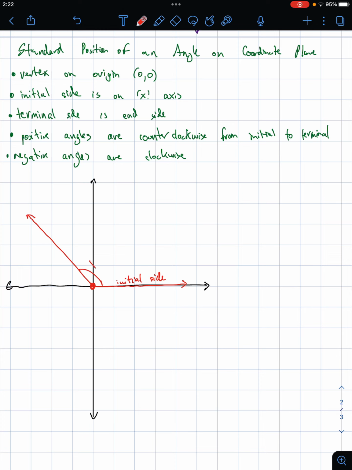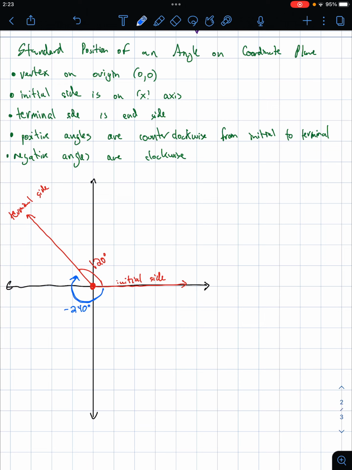I'm just estimating here, but let's call this angle 120 degrees, and here's my terminal side. I could also describe this angle as being negative 240 degrees. That would be referring to the clockwise rotation from my initial side to my terminal side. Note that it gets me to the same place, but it describes a different idea of how to get there.